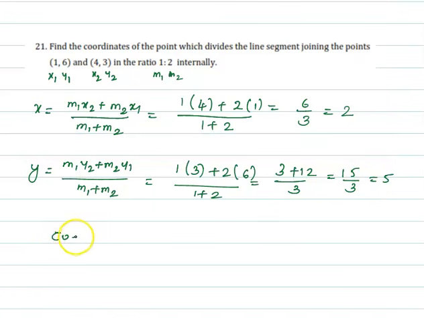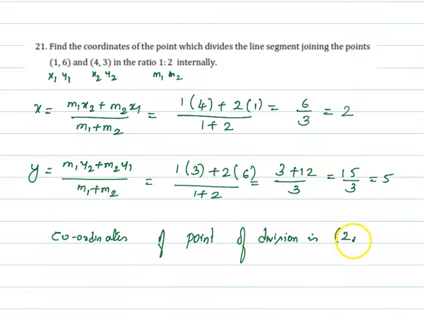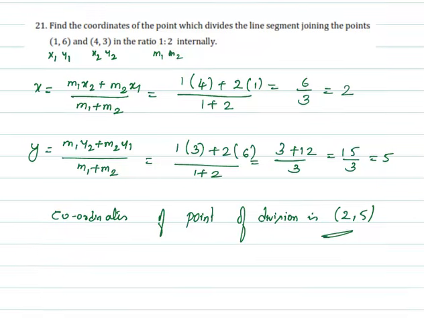The coordinates of the point of division: x coordinate is 2, y coordinate is 5. This is the required answer for this question. Now I am going to take the next question.